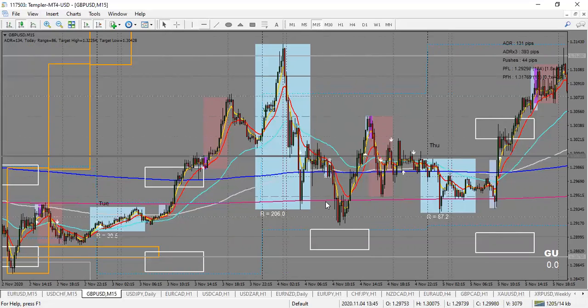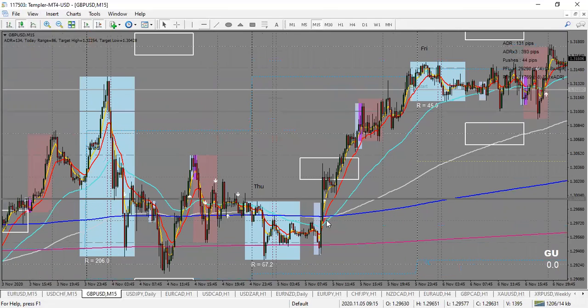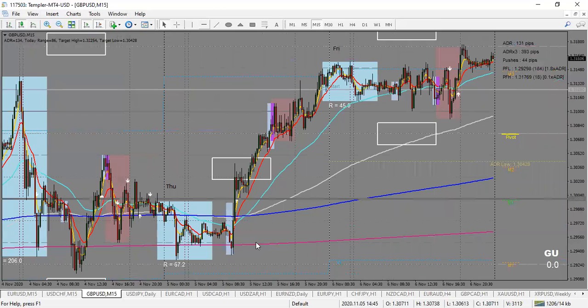This is the 3,200 EMA, and see these several bounces, and it formed a very good W here before the Bank of England interest rate. We had the BOE interest rate on Thursday, so we had a buy here. The market makers followed the trend, and then we had an uptrend.